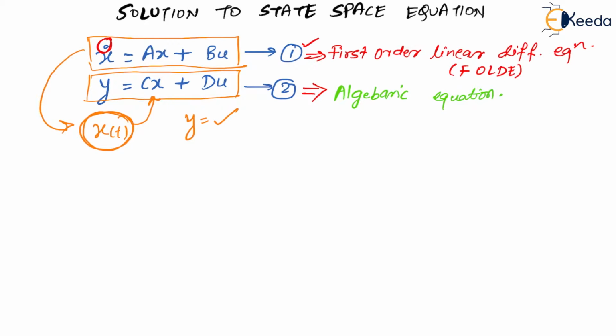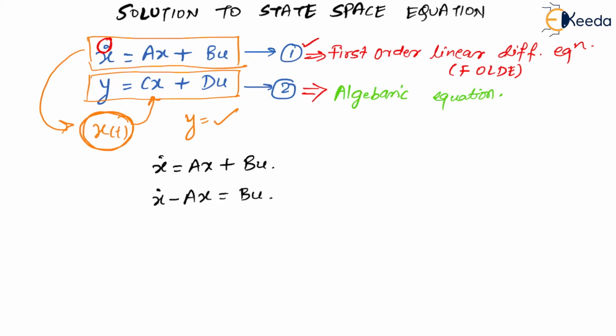Now see here, let me take this x dot equal to Ax plus Bu aside. Now let us rearrange it. The moment I rearrange, it becomes x dot minus Ax equal to Bu. Now let me take two cases. What are those two cases? I will tell you, don't worry.